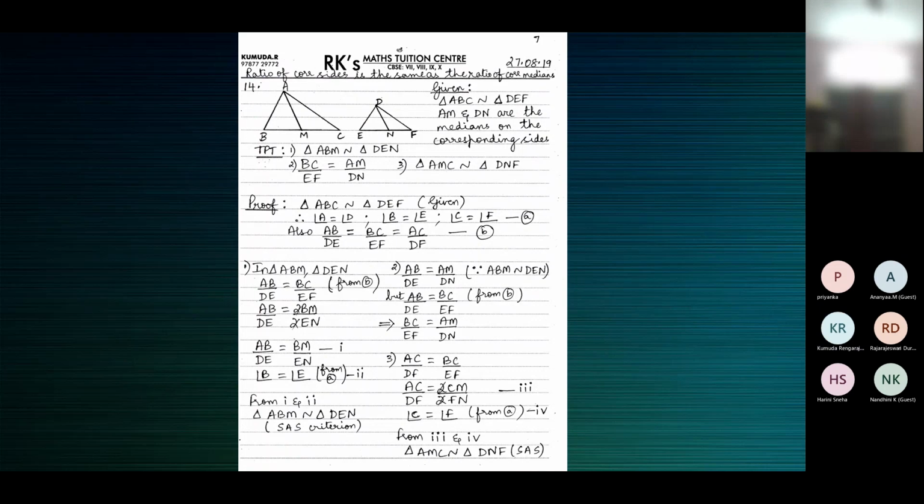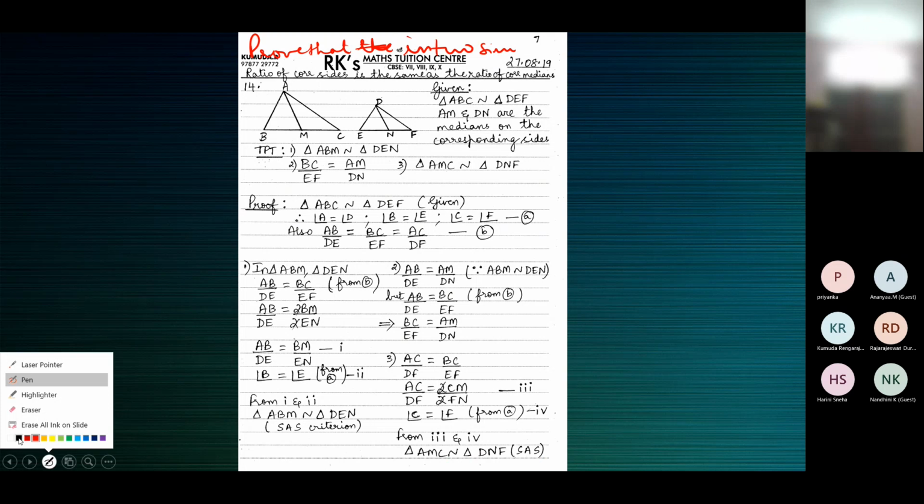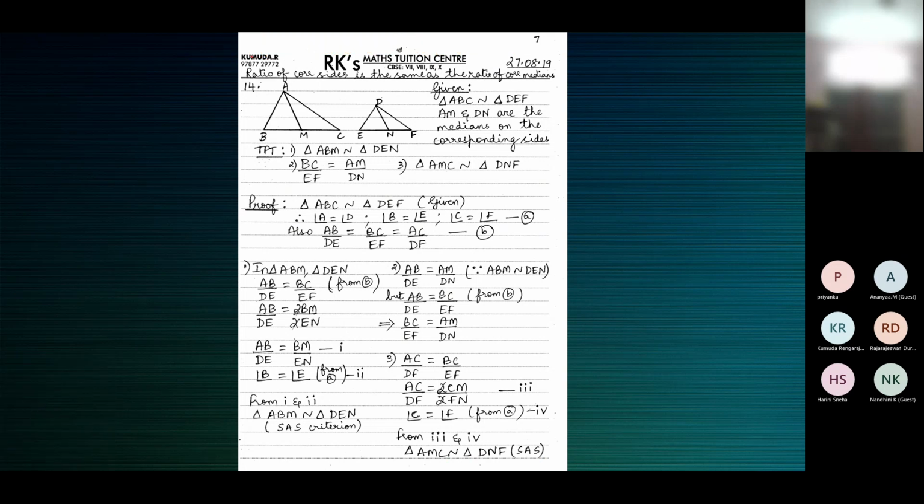Yeah, that's what it is here, children. We need to prove that the ratio of the corresponding sides in two similar triangles is the same as the ratio of the corresponding medians.